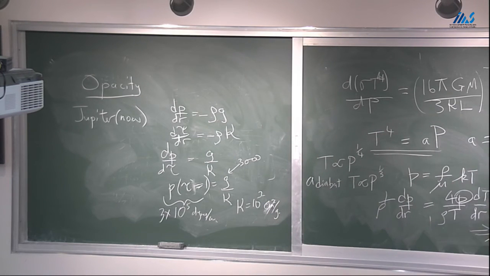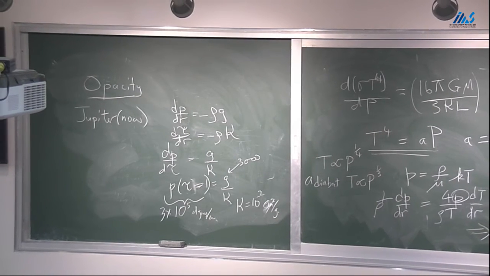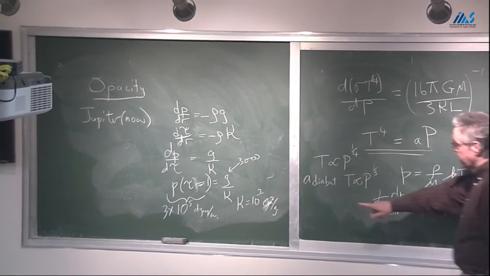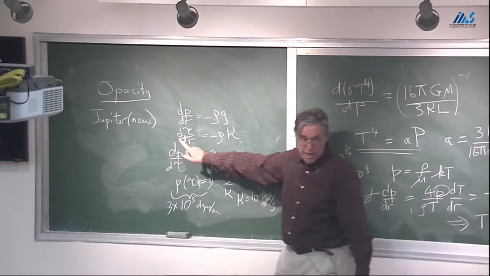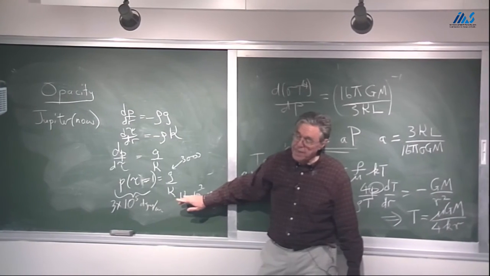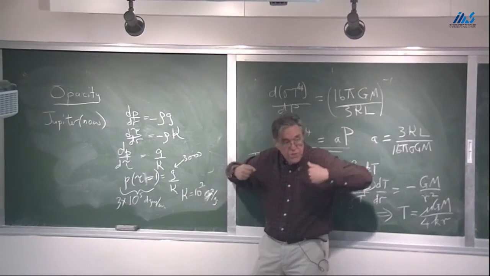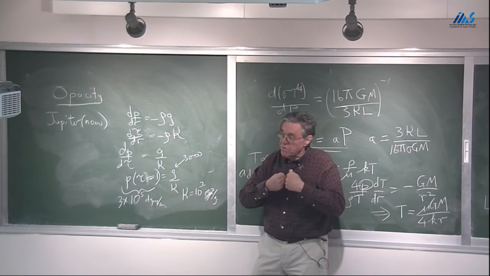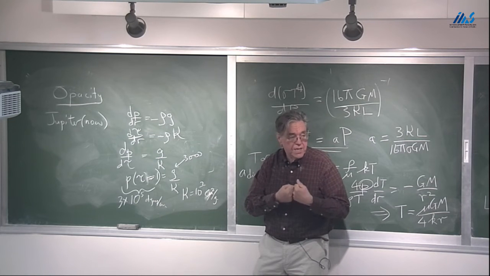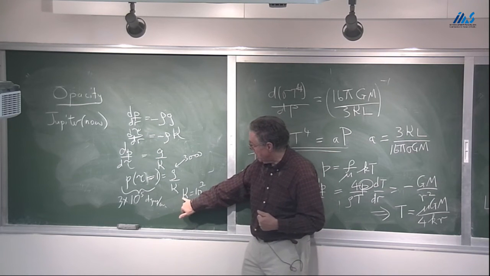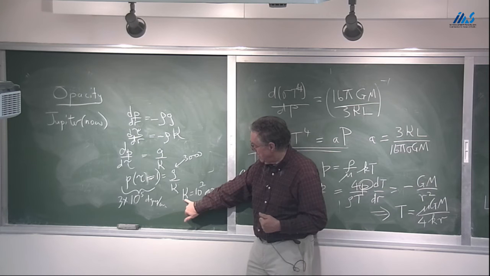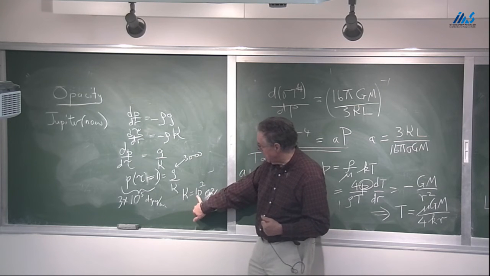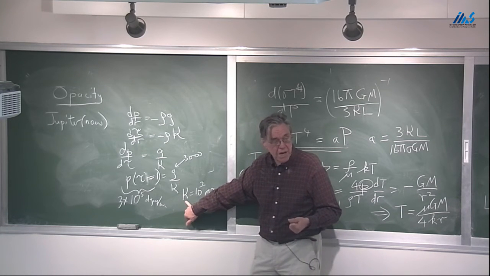And actually, this is an interesting example. This opacity for Jupiter now comes from hydrogen, molecular hydrogen. And it's pressure induced, which means that it wouldn't be there unless you had significant pressure. It's actually proportional to pressure. So it just so happens that kappa is about 10 to the minus 2 when the pressure is about 1 bar.